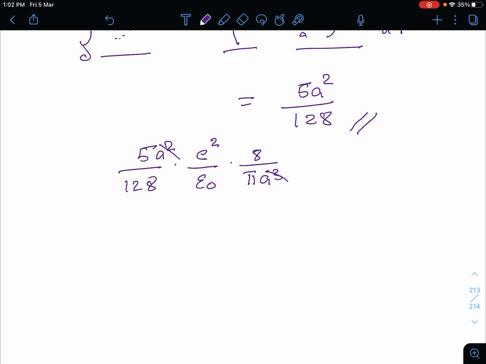Now you have an 8 here, you have a 128 here, and 5 is also there, so let me check how we can minimize it.